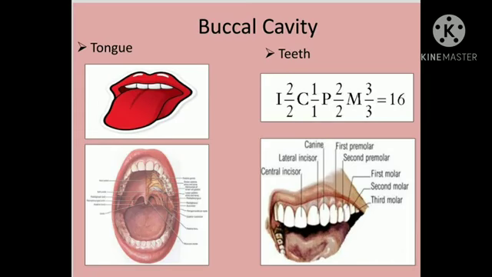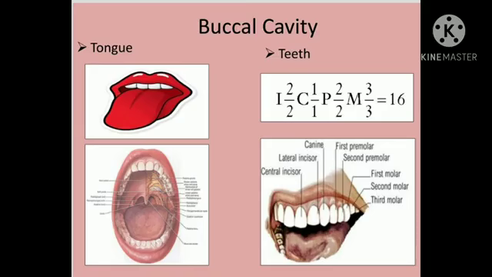Thus, the dental formula of an adult human being can be represented as I 2 by 2. I means incisors: 2 on the upper jaw and 2 on the lower jaw. Canines, 1 on the upper jaw and 1 on the lower jaw. Premolars, 2 on the upper jaw and 2 on the lower jaw. Molars, 3 on the upper jaw and 3 on the lower jaw.